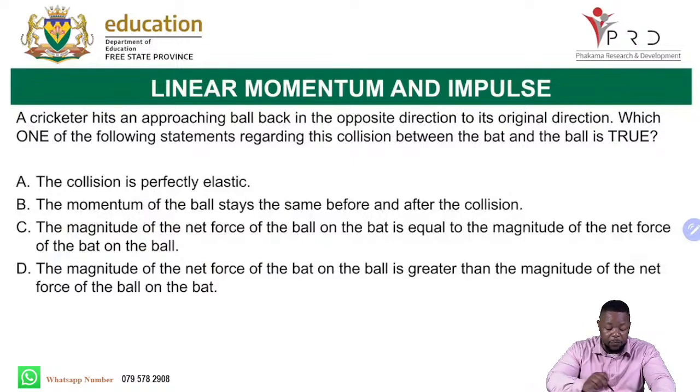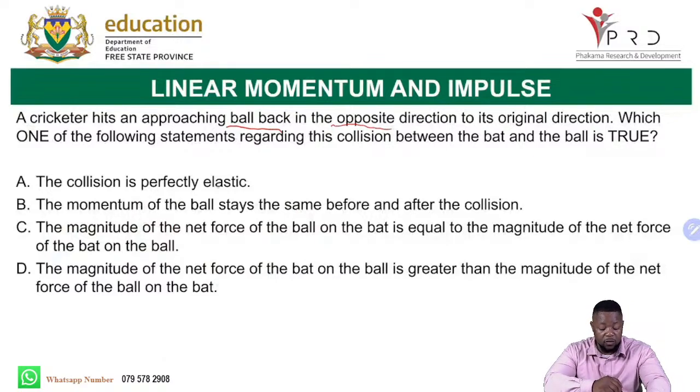The cricketer hits an approaching ball back in the opposite direction. We are told that the ball is being hit in the opposite direction to its original direction. Which one of the following statements regarding this collision between the bat and the ball is true? Let us see the first option. The collision is perfectly elastic.